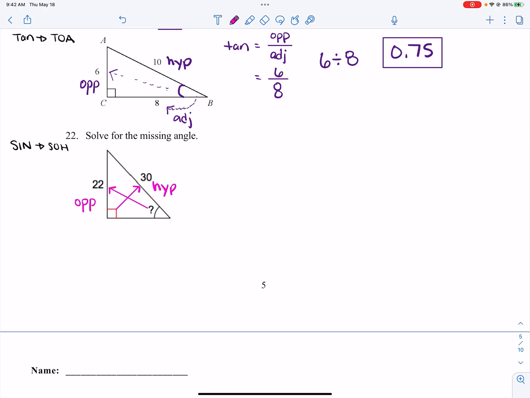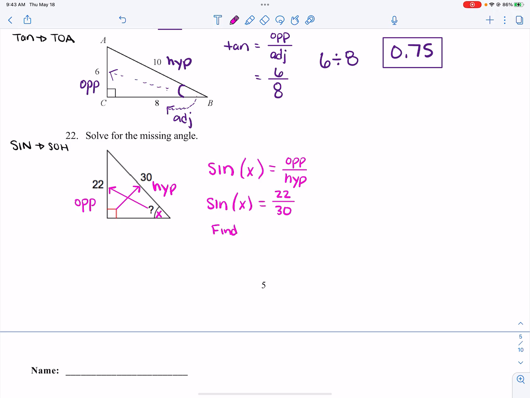Opposite and hypotenuse is the sine, so O and H. So sine of the angle I don't know, and we'll just label it X, is equal to my opposite over my hypotenuse. So the sine of the angle I don't know is equal to 22 over 30.